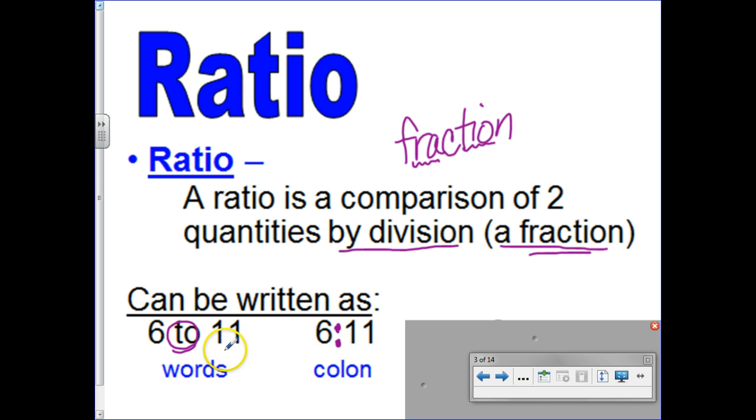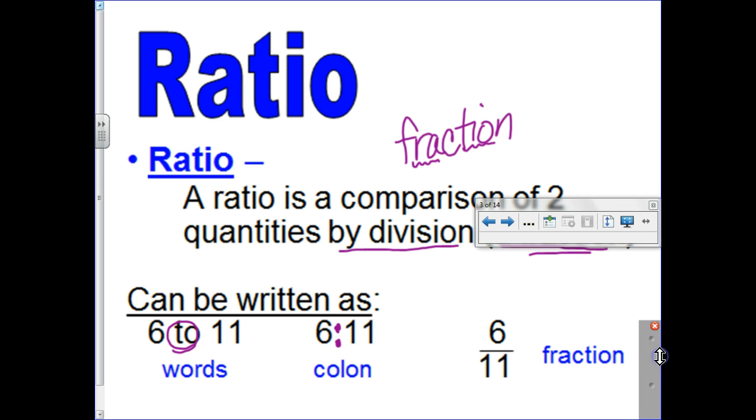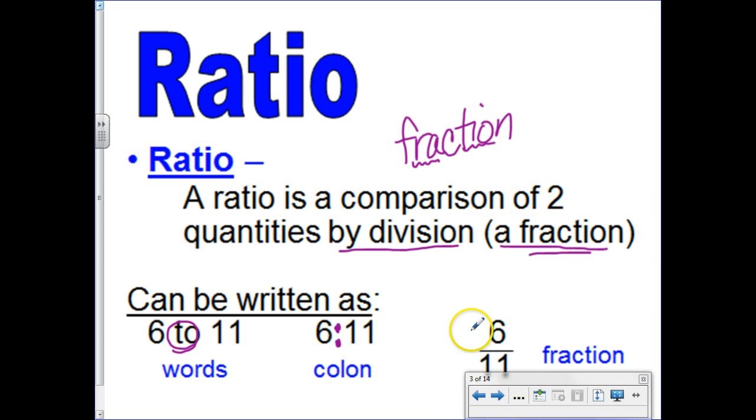And last but not least, you can see it in fraction form, where you could read this as 6/11, 6 divided by 11, or 6 to 11 in words. So you're going to see it in all these different formats, and you can always think of it mathematically as a fraction.